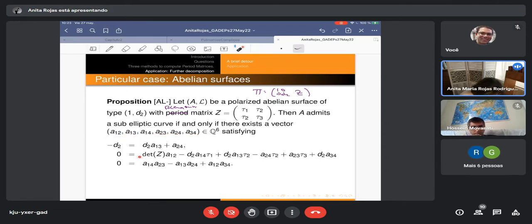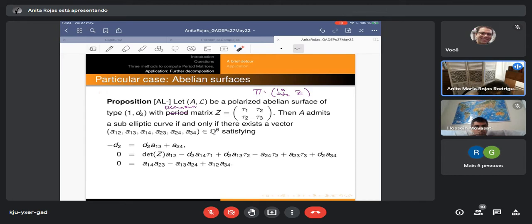The equations depend on the polarization and on the Riemann matrix of the surface. So if you have the Riemann matrix of a surface, you can say whether that surface is simple or not. If there is a rational vector fulfilling these equations, then you have an elliptic curve inside, so that surface decomposes further.